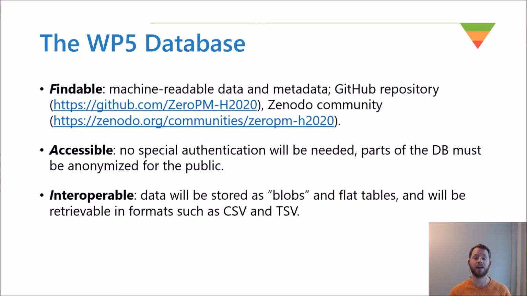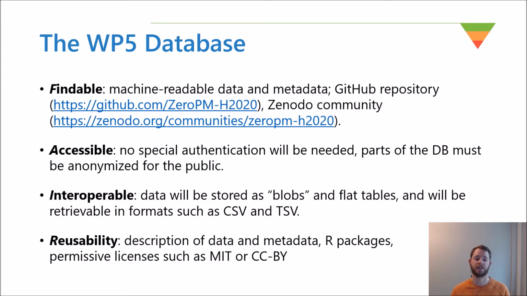The I in FAIR stands for interoperable, and for the ZeroPM database, that means that the data will be stored as so-called blobs, that is just the raw data as is, but also in clean flat tables, and everything will be retrievable in openly available formats such as CSV or TSV.